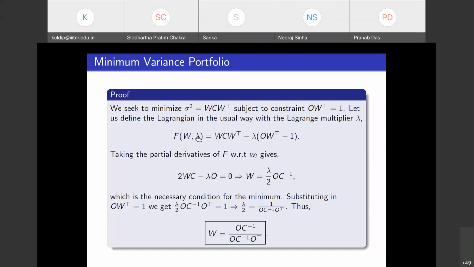Accordingly, we define the Lagrangian. The Lagrangian is given by the function that is to be minimized, that is WCW transpose, minus a Lagrange multiplier multiplied by this constraint in the form of LHS equal to zero.